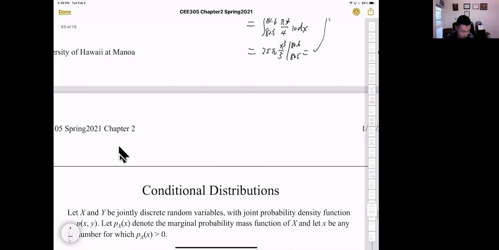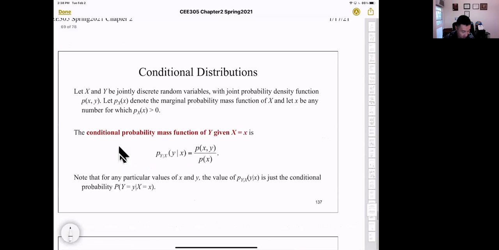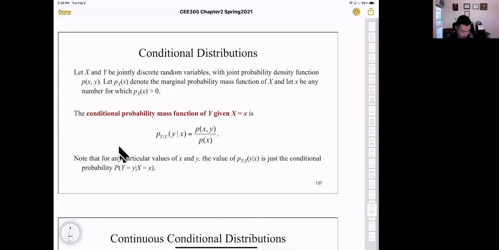And then we have some more information: conditional distribution. We just learned what a marginal function is. Let's look at what conditional distribution means.